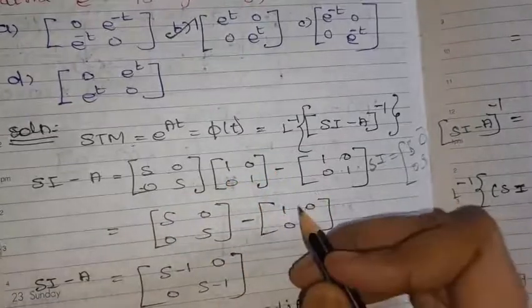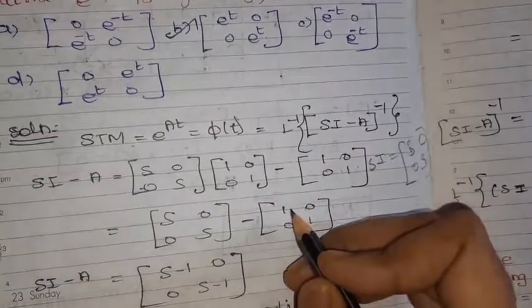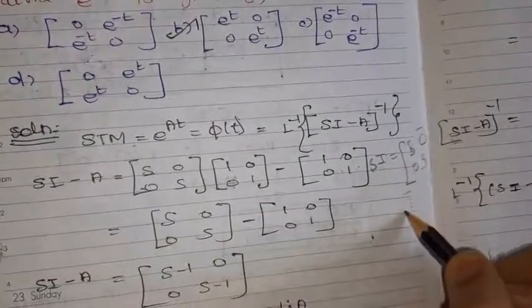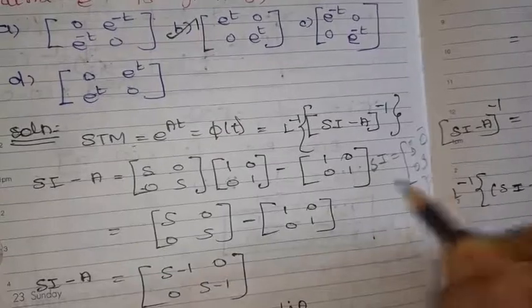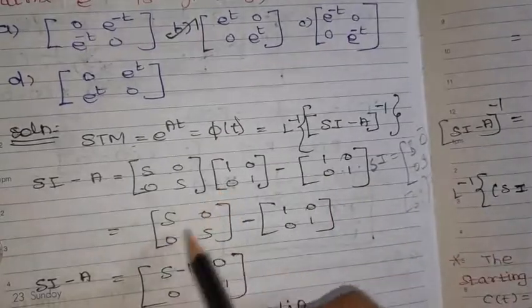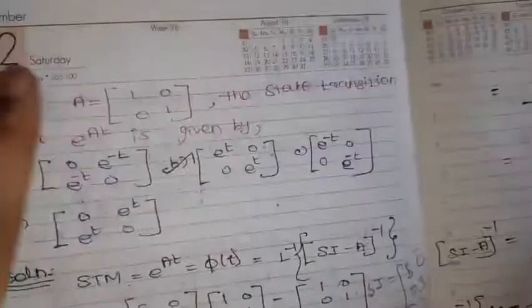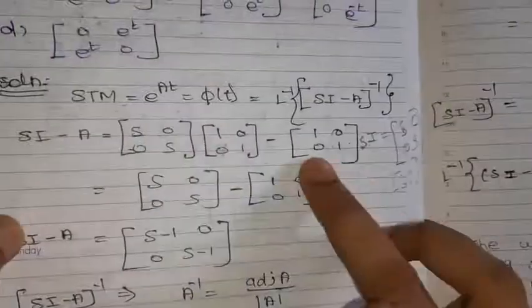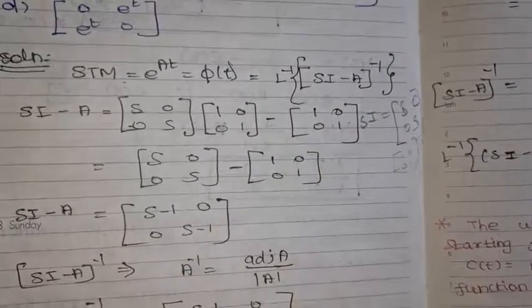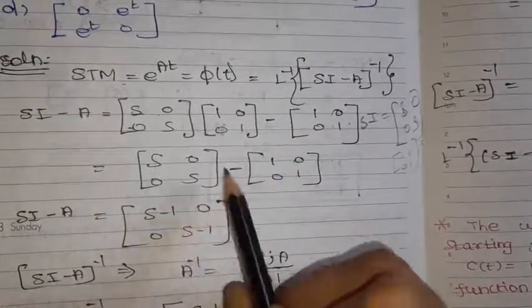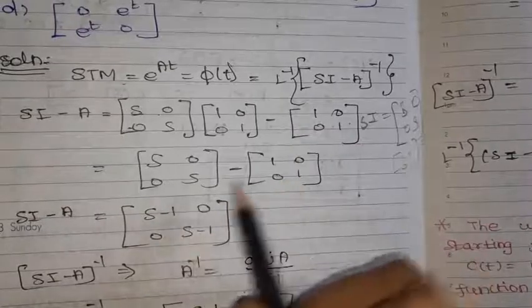Just a multiplication of s with the matrix 1 0 0 1. Okay. Then we will get s 0 0 s minus A. What is A given? 1 0 0 1. Here 1 0 0 1. So just take a normal subtraction: sI minus A is s minus 1, 0, 0, s minus 1.